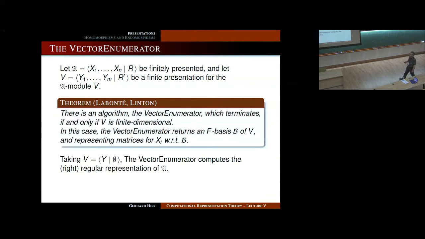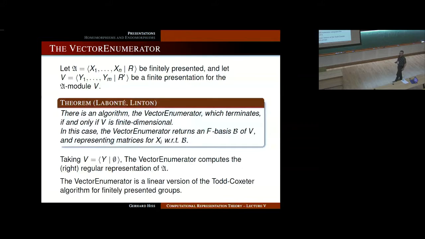And provided the dimension is so small that you live up to the answer, you see. So this is, essentially, the same idea as for the Todd-Coxeter method or Todd-Coxeter algorithm to work with finitely presented groups. It's a linearized version of the Todd-Coxeter algorithm, nothing more.